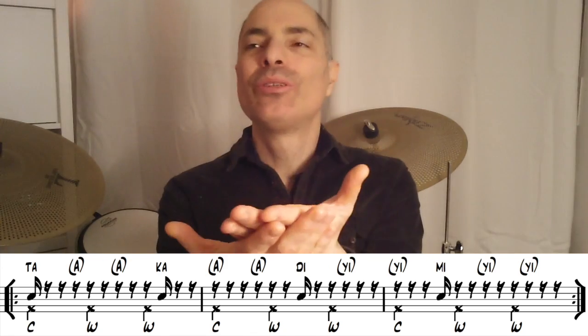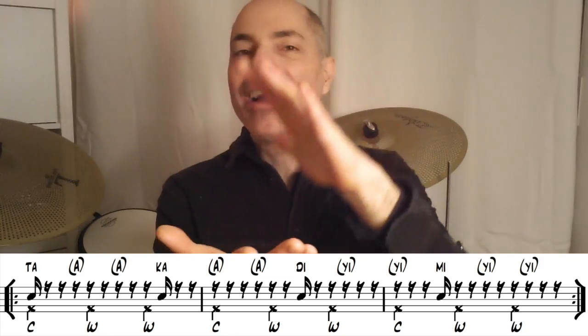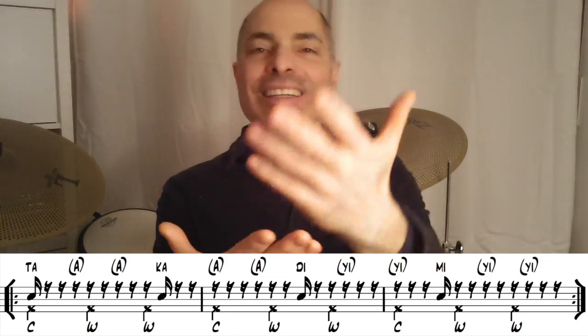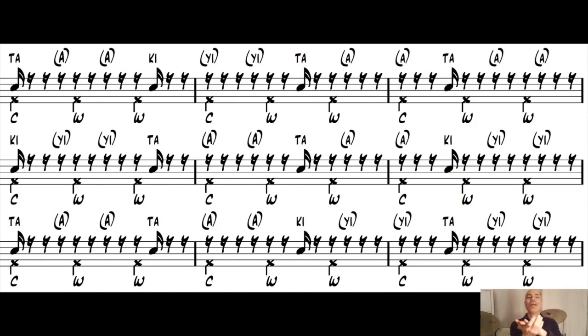Again, if you find this challenging, please use the ghost syllables like this. 1, 2, 3. Ta, ka, di, mi, ta. Next, let's put takita instead of takadimi at the same rhythm, like this. 1, 2, start.